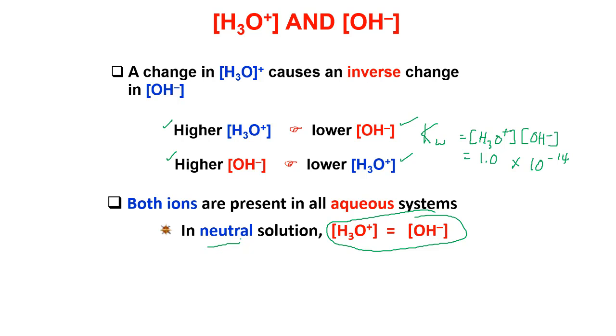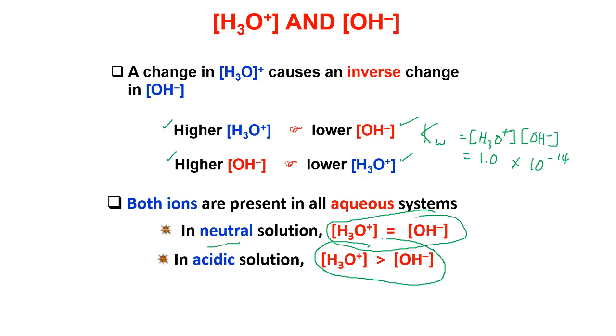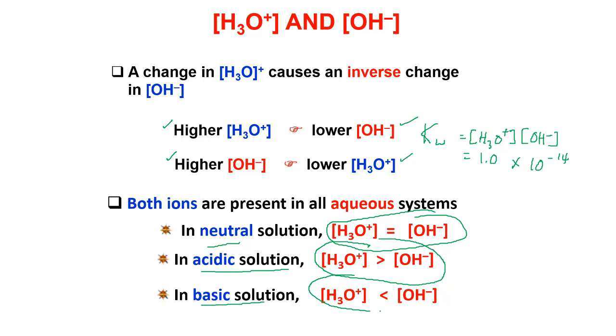Kebanyakan larutan sebenarnya concentration hydronium ion dan concentration hydroxide ion itu tidak sama. So, if the concentration of hydronium ion is greater than concentration of hydroxide ion, okay, it is an acidic solution. And if the concentration of hydronium ion is lower than concentration of hydroxide ion, it is a basic solution.